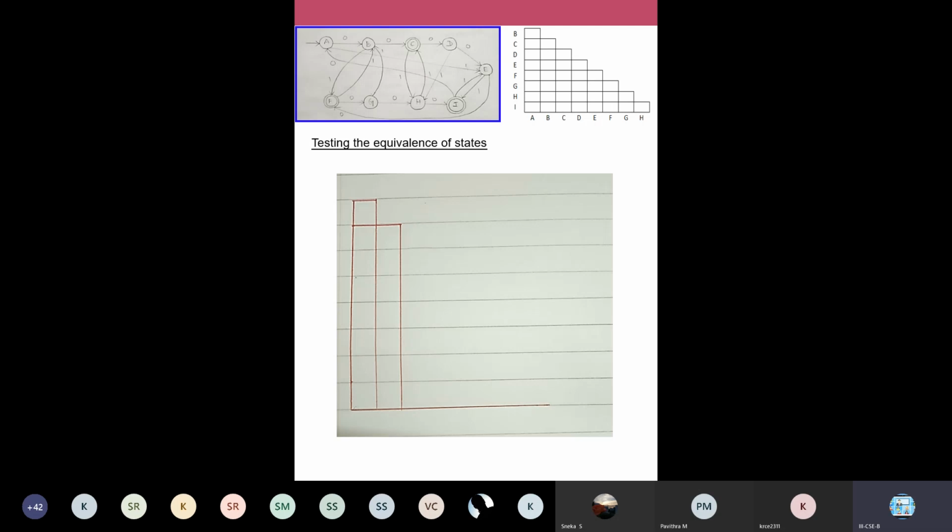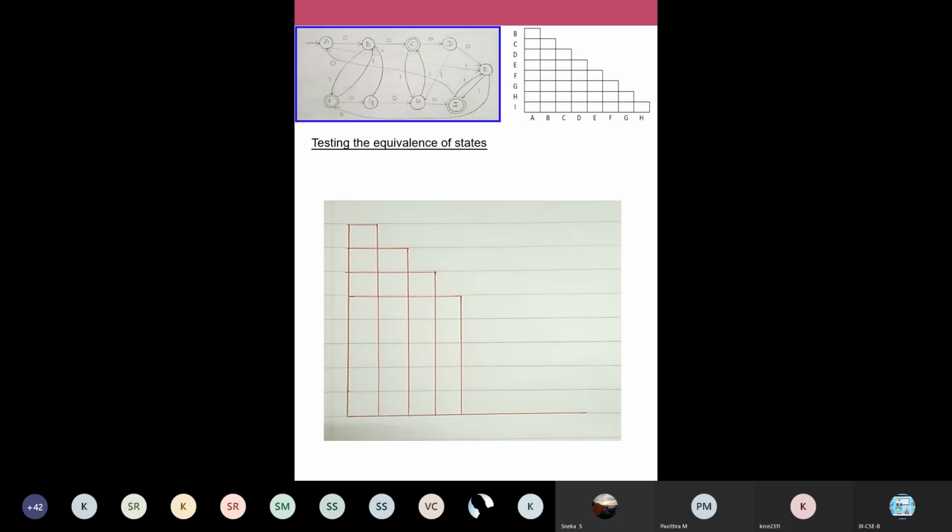Since you have 9 states in your given DFA, construct the table with 8 rows. I have drawn it step by step to show how it should get filled. First draw the L shape, and after that draw the 7 shape.